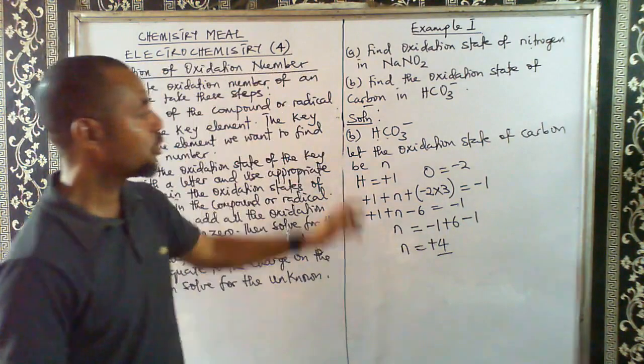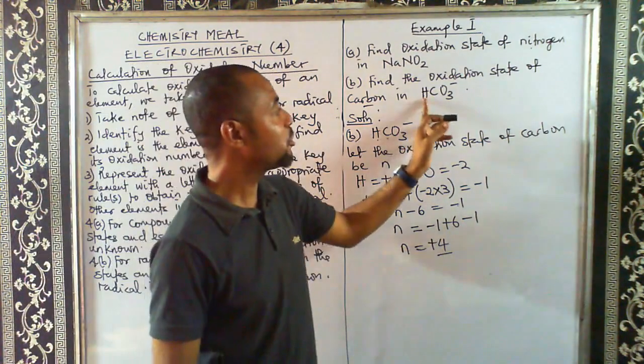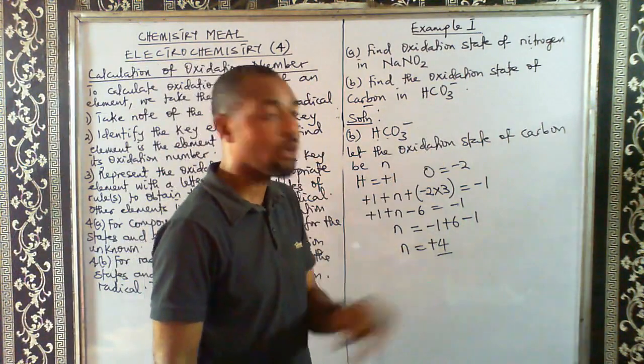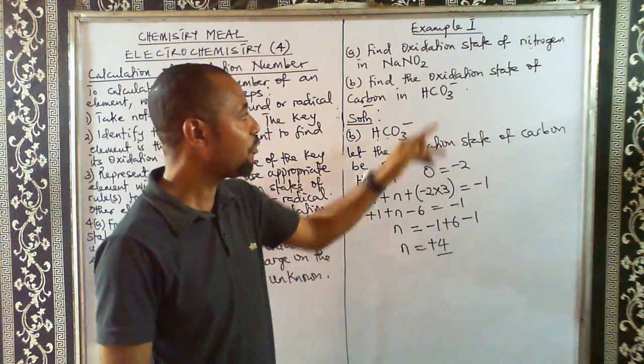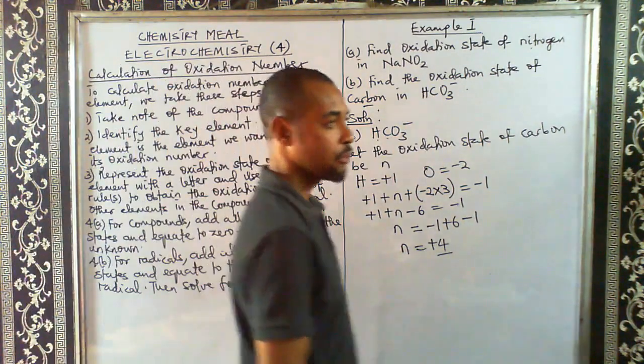So the oxidation state of carbon here is +4. That is why this is hydrogentrioxocarbonate(IV) radical. That IV is because the oxidation state of carbon is +4.